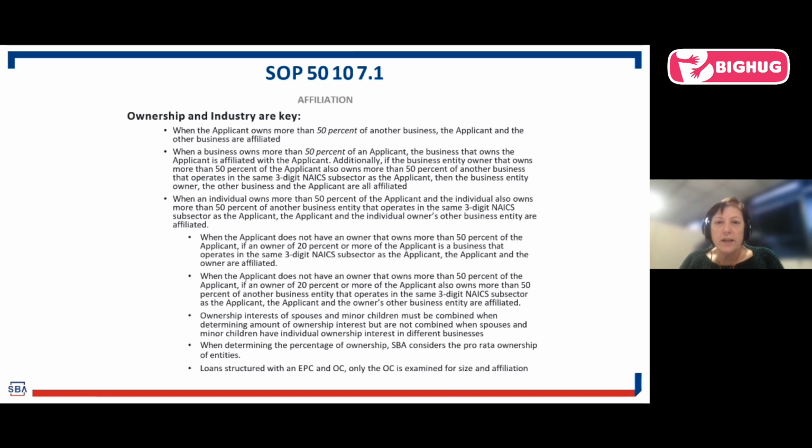And they're going to look at spousal ownership and minority children ownership in those related companies. So this is part of the process. When the lenders are asking you these questions, don't be intimidated by them. Just understand this is part of their underwriting review when they're looking at doing a loan for anyone who they may need to do an SBA guarantee on. All right, next slide, please.